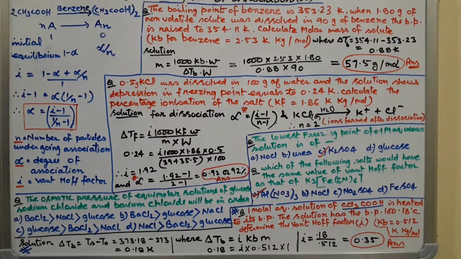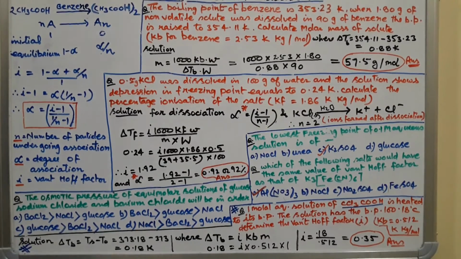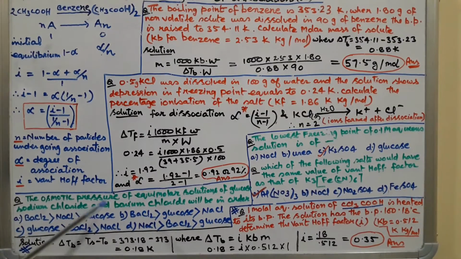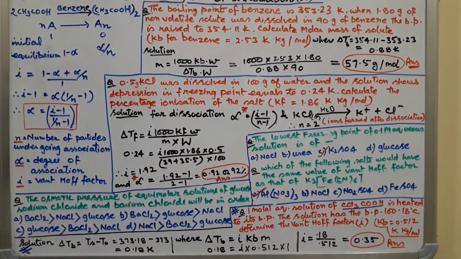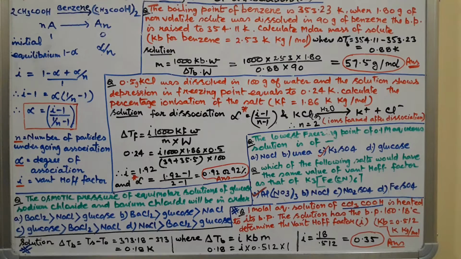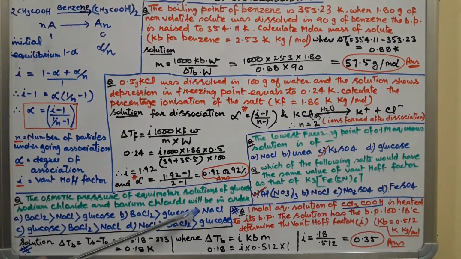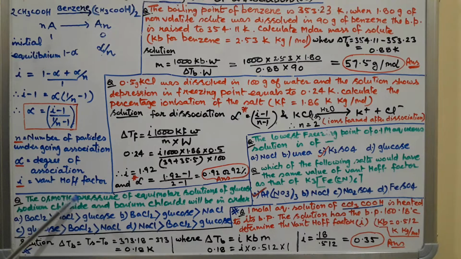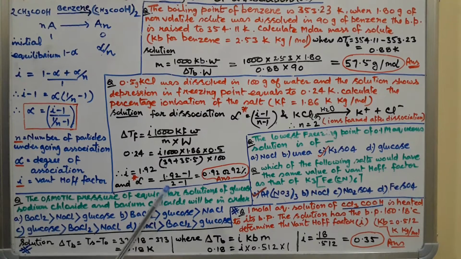Now let's see the third one here. The osmotic pressure of equimolar solutions of glucose, sodium chloride and barium chloride will be in order. Clear? Osmotic pressure, remember, pi is equal to CRT. So it is going to be of equimolar, means their concentrations are same. Equimolar, right? Pi is equal to CRT.